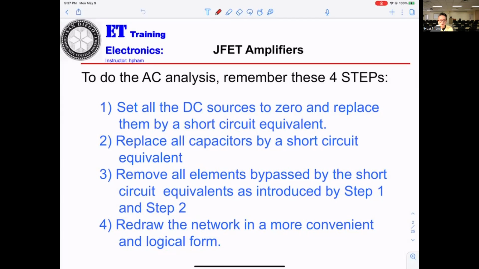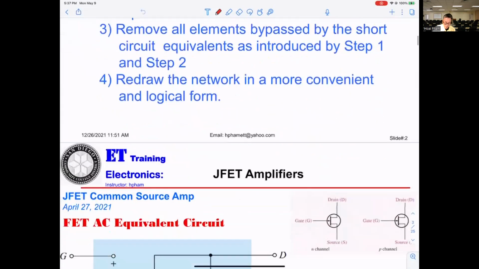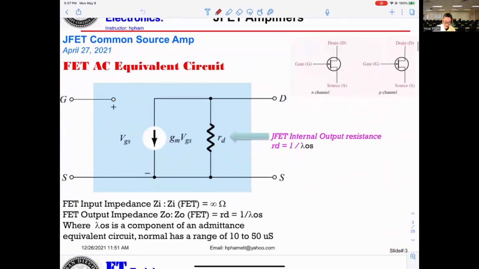Number 3, remove all elements bypassed by the short circuit. Number 4, redraw the network in a more convenient and logical form. What does that mean?